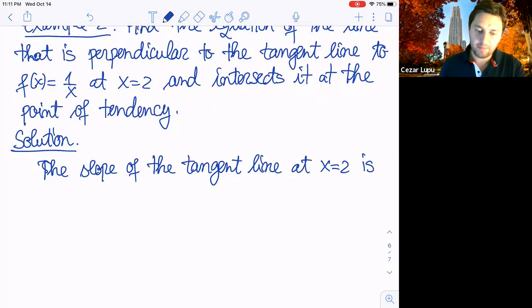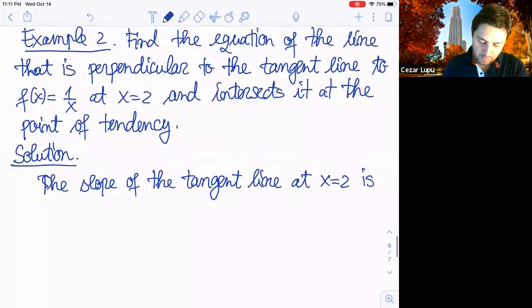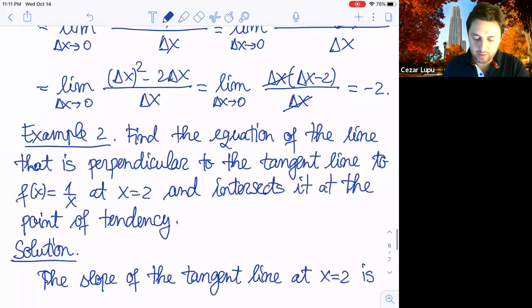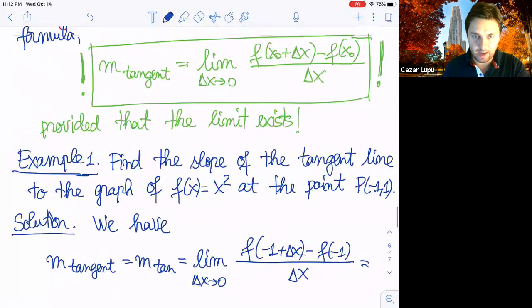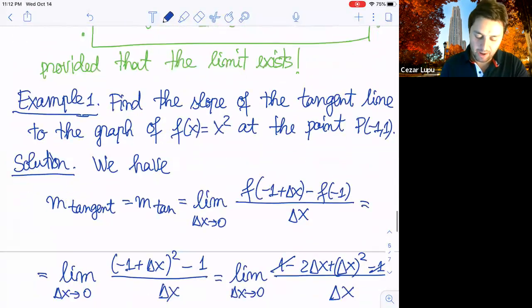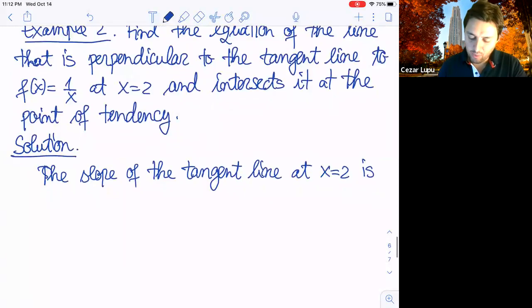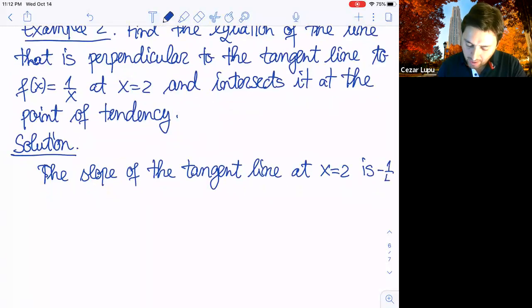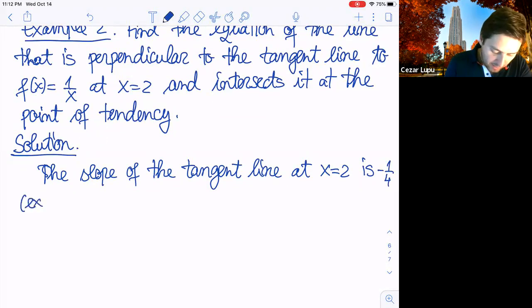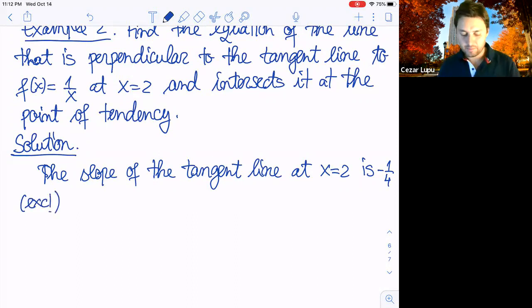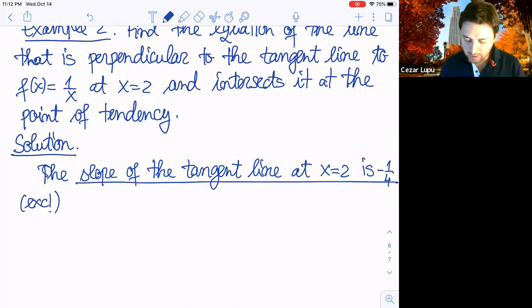So if we do all this again, I'm just going to say it directly, it is negative 1/4. And I'll leave this to you as an exercise to figure out why. So the slope of the tangent line at x equals 2 is negative 1/4.